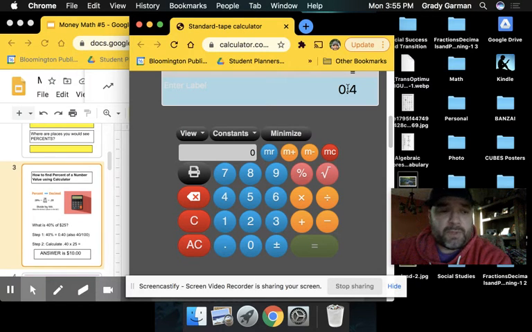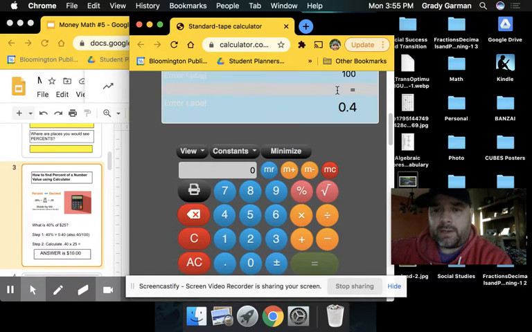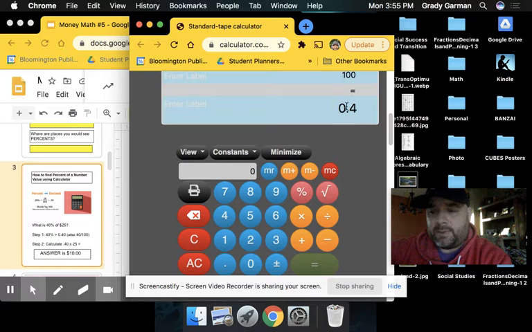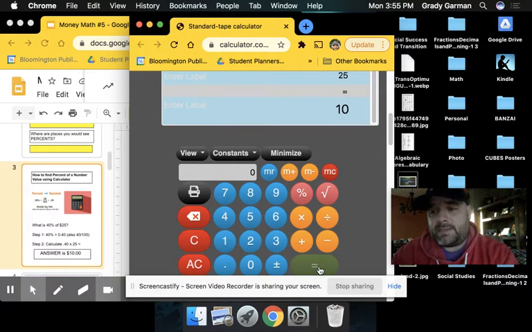The decimal place moved 2 places to the left. Now I can enter this into my calculator. I have my decimal, 0.4, so 4/10. I'm going to multiply that by 25. The answer I get is 10, so $10. So 40% of $25 is 10.